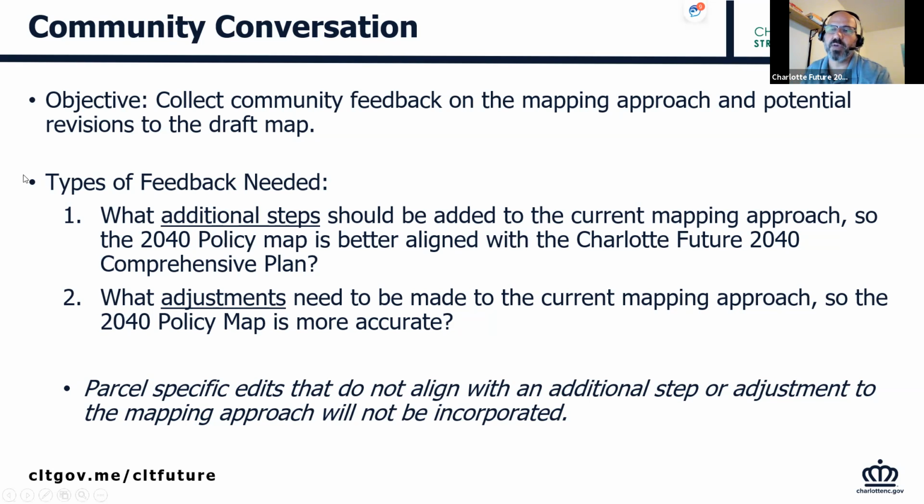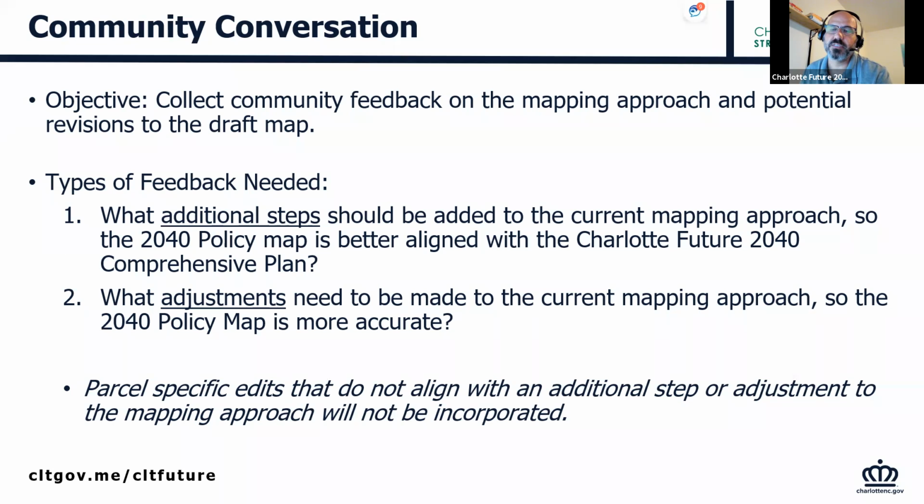There are two types of feedback that we can use to revise the mapping approach. We can identify additional steps to add to the mapping approach, which would help better align the final map with the Charlotte Future 2040 policy map. And we can discuss potential adjustments to the current mapping steps that would help improve the accuracy of the map.